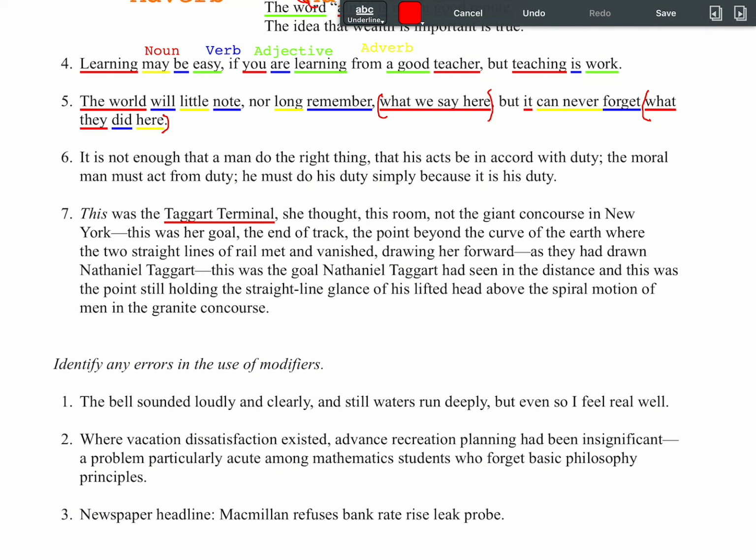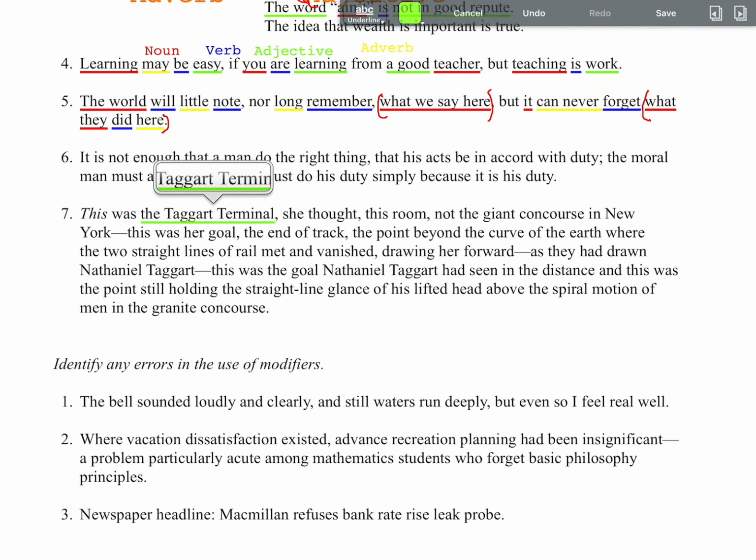Like if you say "this was a good thing," then "a good thing" is an adjective because it tells you about this. So maybe I'm doing it wrong. Let's make it an adjective.